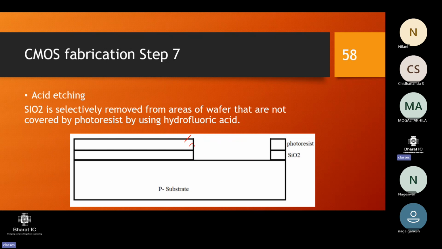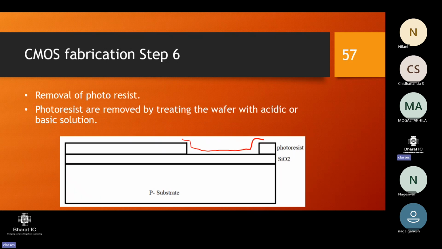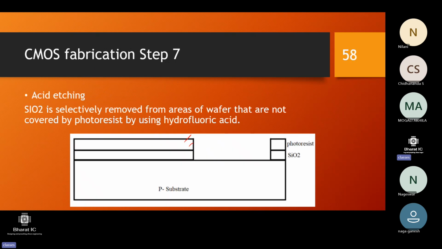What happened, where the mask has been cut out like this, in this part the hydrofluoric acid has been poured, due to which the SiO2 reacted with the hydrofluoric acid, and the shape of the photoresist mask came out.